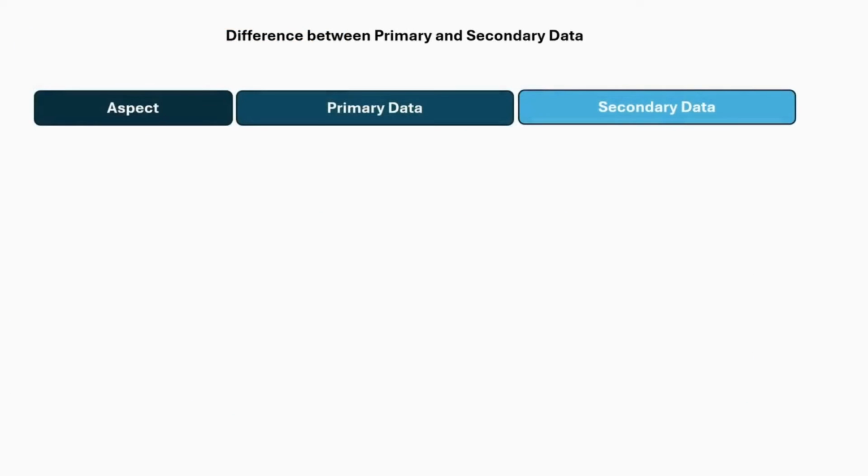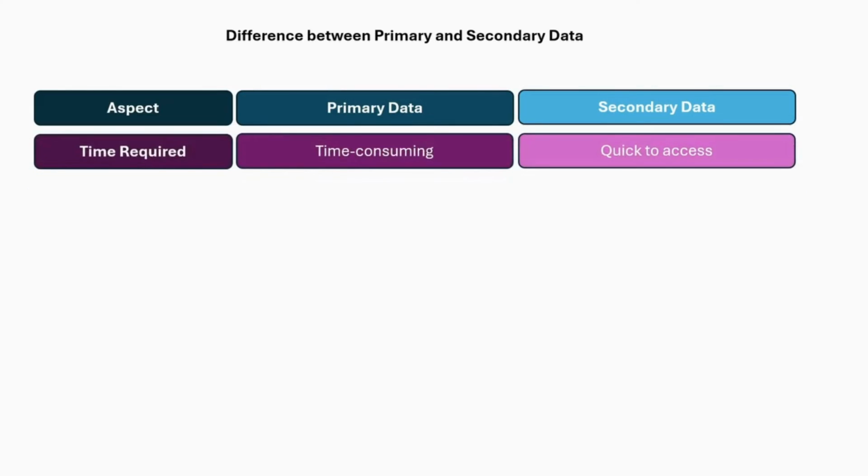To recap, let us review the difference between primary and secondary data. As primary data is collected at the instance for a specific need, it takes more time as compared to secondary data, which has already been collected and can be accessed anytime. In our example, getting responses to forms will take longer than downloading the CIBIL report.